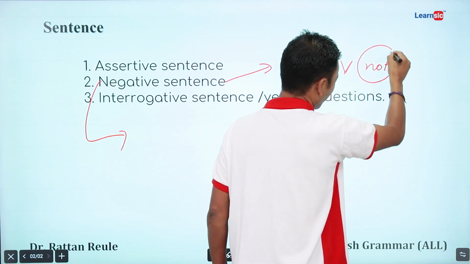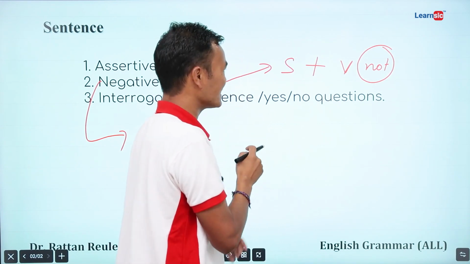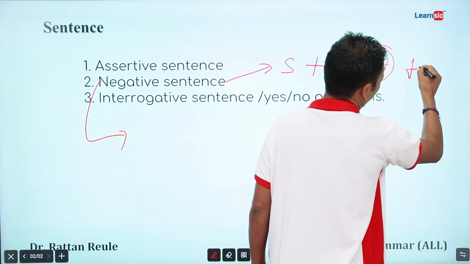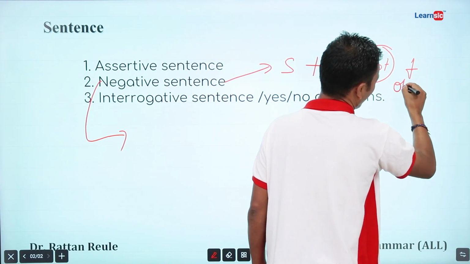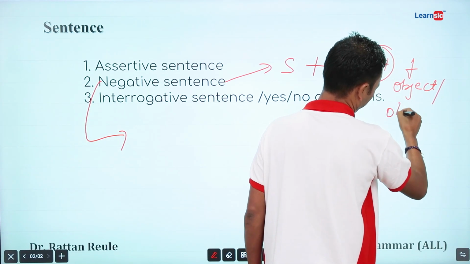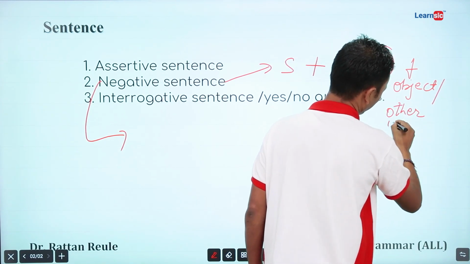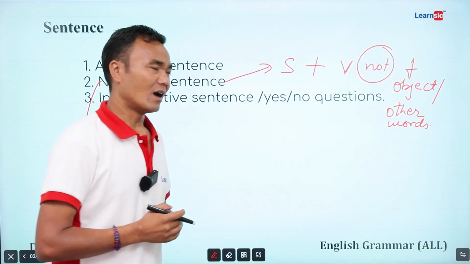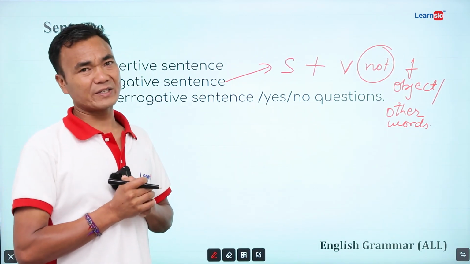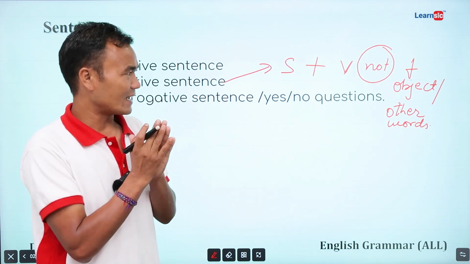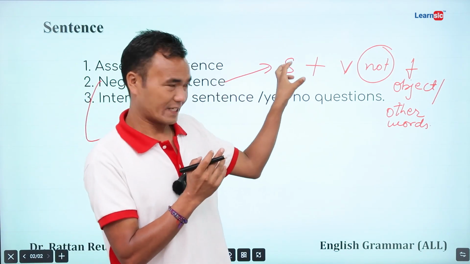This is a very dominating concept because in the negative sentence we use not, and after that there is an object, or normally I write other words. Class, we are going to learn three things here. Simply, we are adding not here extra.